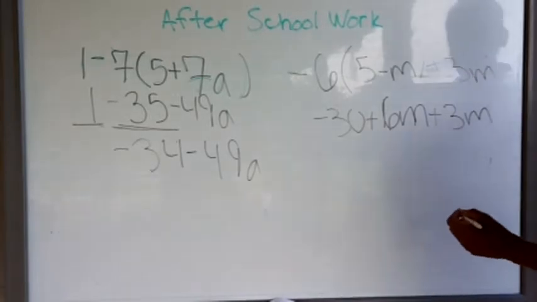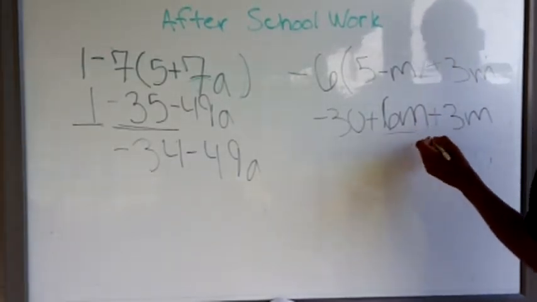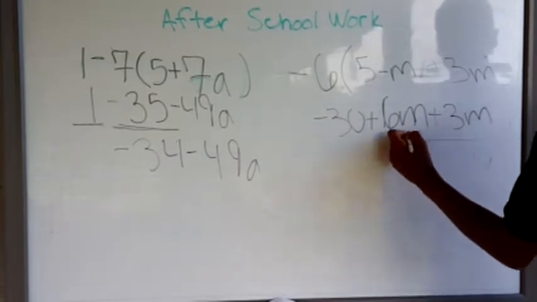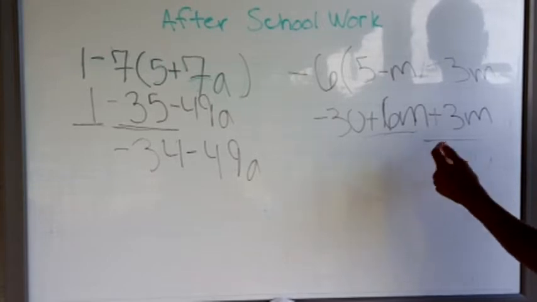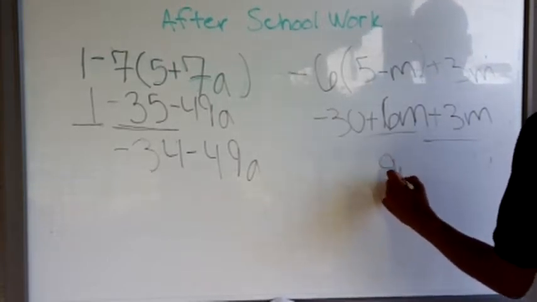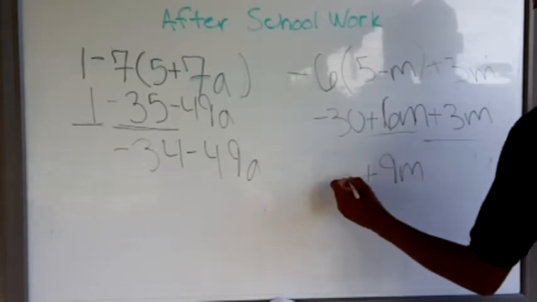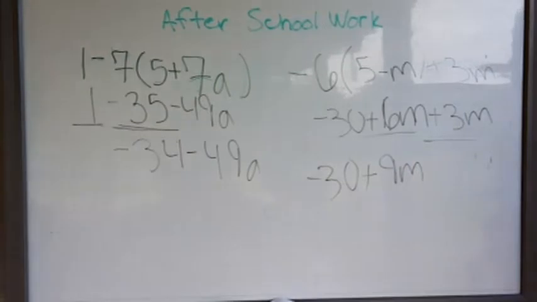You use distribution. No, combine like terms. So you combine like terms, which is +6m and +3m, and that will be +9m, and -30. Okay. And erase that.